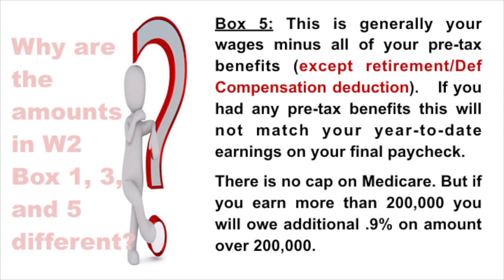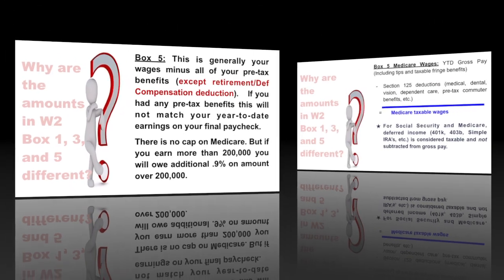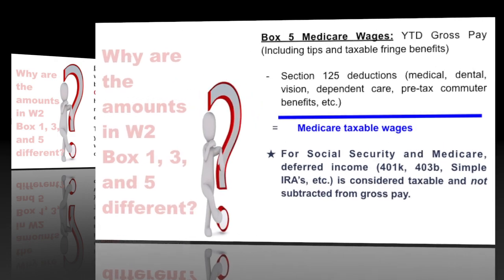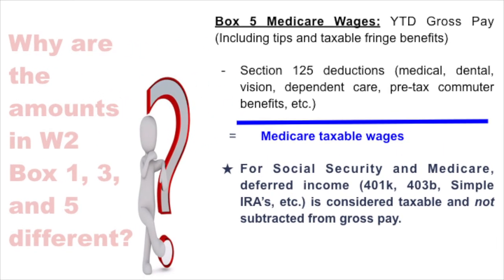So box 5 will include all wages that are subject to FICA taxes. Another reason for the difference is that employers are required to withhold additional Medicare tax of 0.9% once the taxable wages are over $200,000 for the year for the employee. And that amount will also be included in box 5.